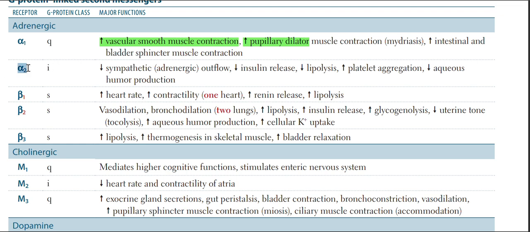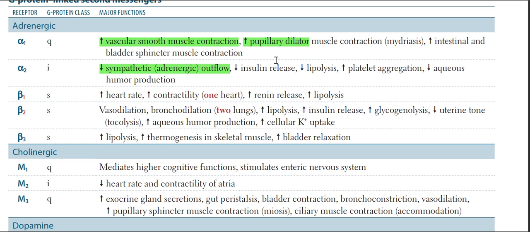Now for alpha 2, we need to remember that it actually decreases the sympathetic outflow. The reason it decreases sympathetic outflow is that it acts as a feedback receptor. So when you have a lot of norepinephrine release, it will activate both alpha 1 and alpha 2 receptors.